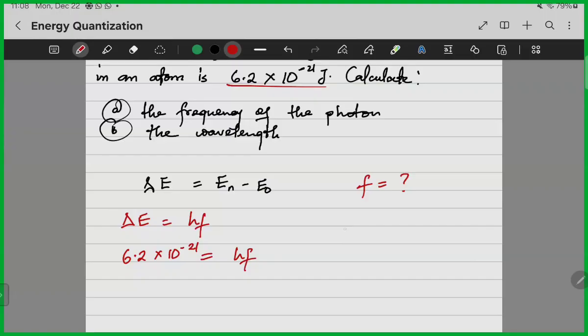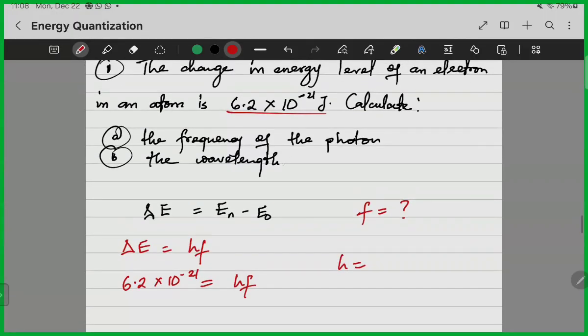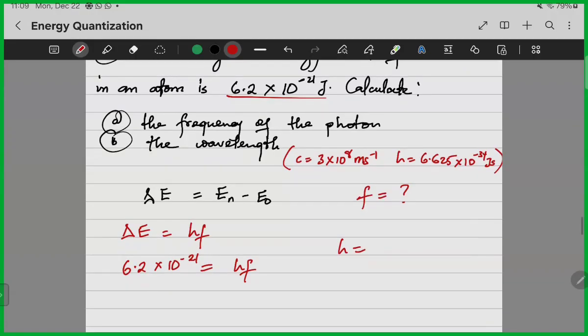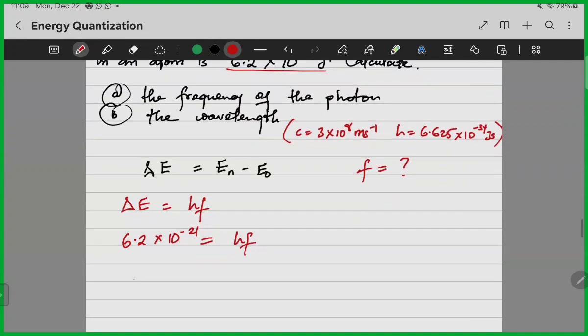We know that H is Planck's constant. In the question, they already gave you the constants to use: C equal to 3 times 10 to the 8, and that's how they will do in most questions that relate to this. And H is 6.625 times 10 raised to minus 34 joule-seconds. So these are constants they'll give you. H is already given to us, we just plug it in right here.